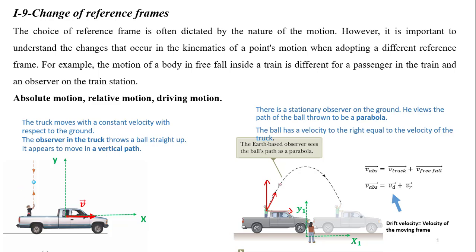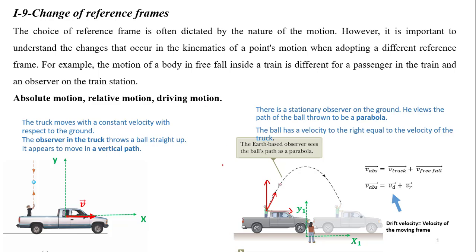But the observer on the truck will see the ball going up and down, following a vertical path. So by changing the reference frame, we have different types of motion. Here we can distinguish between absolute motion, relative motion, and driving motion.